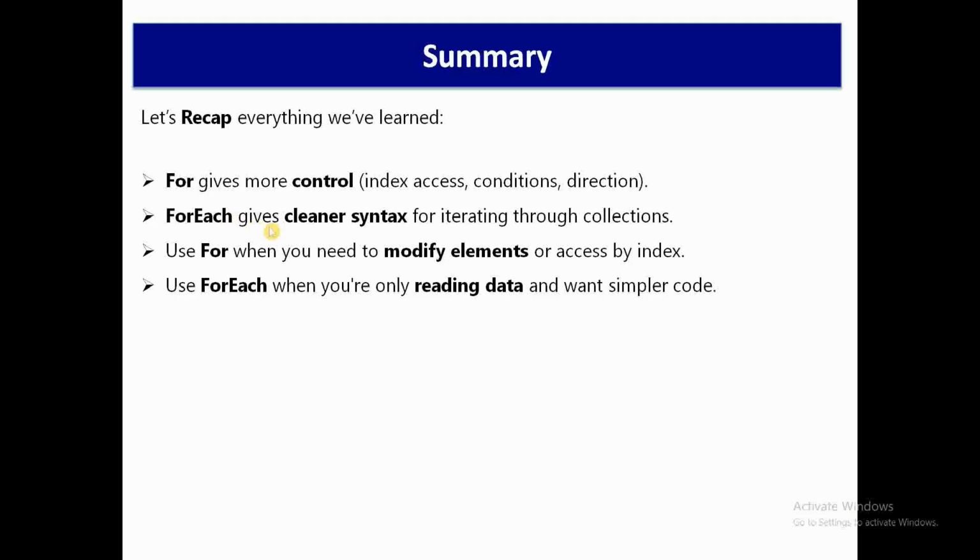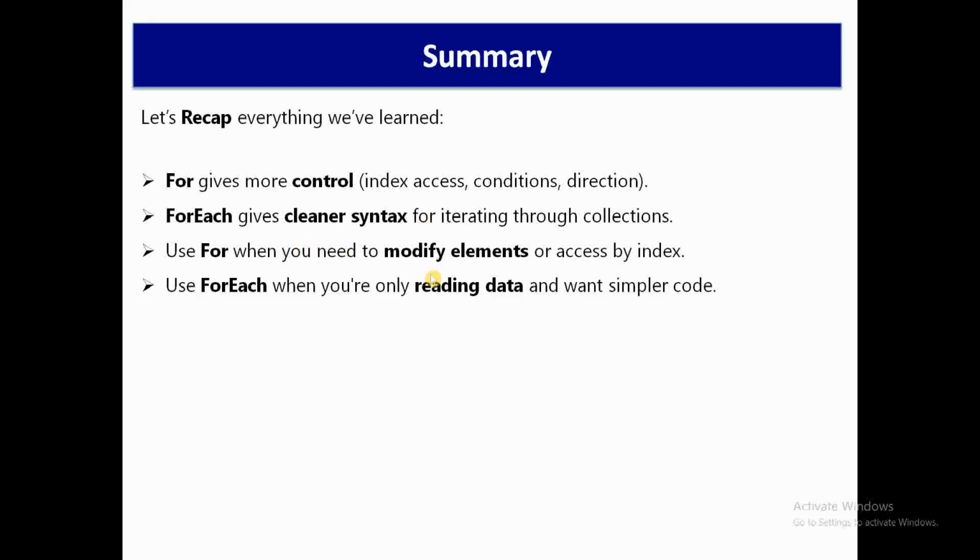In for each loop, it is a cleaner syntax. If we do not want to use any conditions, not specifying any initialization value, and we do not want to use any indexing, then we can go with the for each loop. It directly runs in a sequence with the collections.